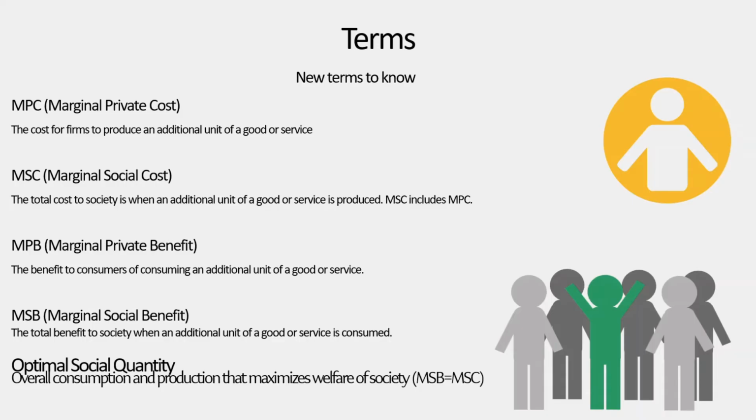This is the benefit to consumers of consuming an additional unit of a good. Marginal social benefit is the total benefit to society when an additional unit of a good or service is consumed. Our goal is to achieve optimal social quantity. That's where MSC equals MSB, where overall consumption and production maximizes welfare of society.